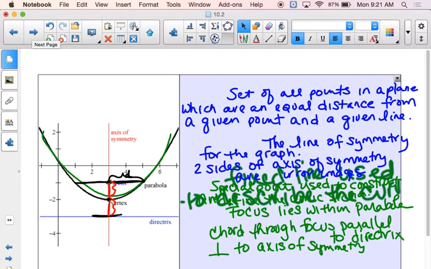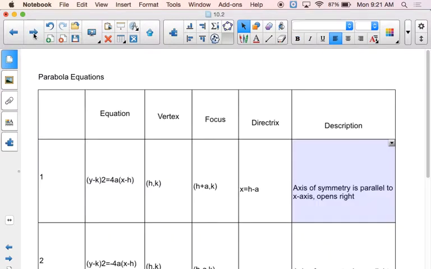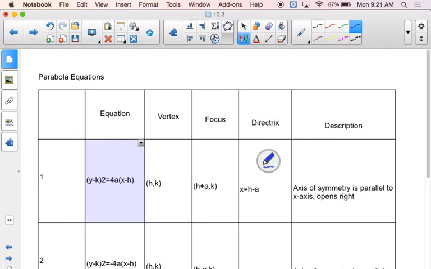Alrighty. So let's talk about all the different equation forms. There's a whole bunch of different equation forms that depend on the way the graph looks. So for instance, in the first one here, y minus k squared equals 4a times x minus h, the axis of symmetry is parallel to the x-axis and opens to the right.